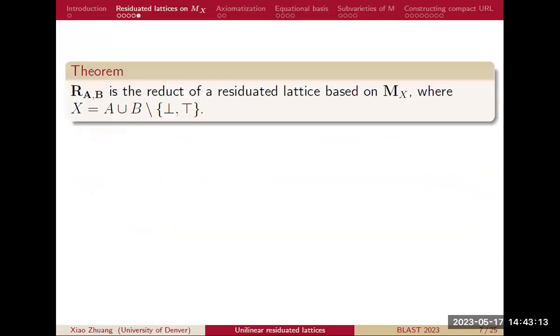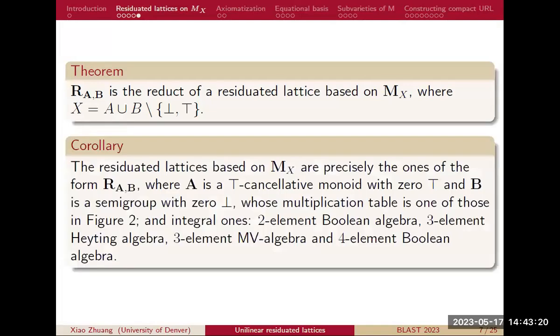So the constructed R(A, B) is a restricted lattice, and the lattice product is just as we described for x. It turns out that, plus the integral ones, the 2-element Boolean, 3-element Heyting, 3-element MV algebra, and 4-element Boolean algebra, those are all the restricted lattices over M sub x. We know the last 3-element restricted lattice is the 3-element Łukasiewicz chain.